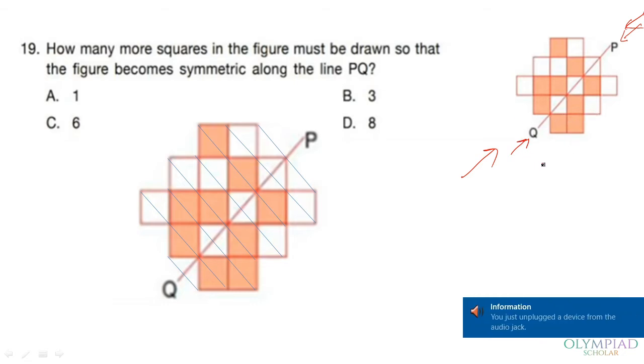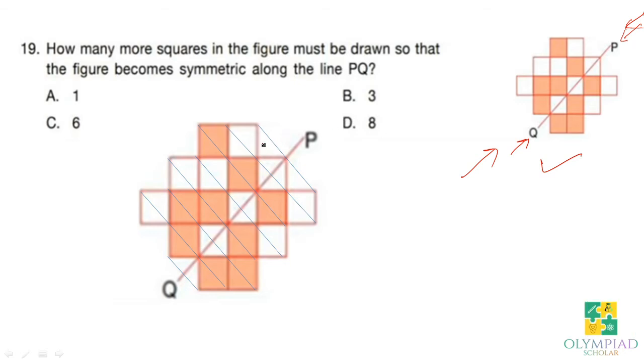For attempting this type of question, what needs to be done is you have to check the distance of these points from the center. So you can check this, it is correct. And if you check the next line, this distance is two diagonals of the squares, and it is also two diagonals of this square. So these points are okay.